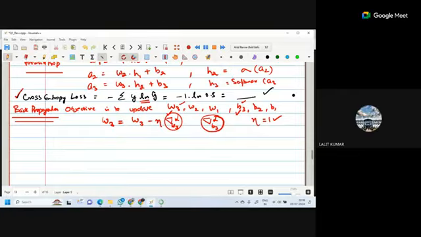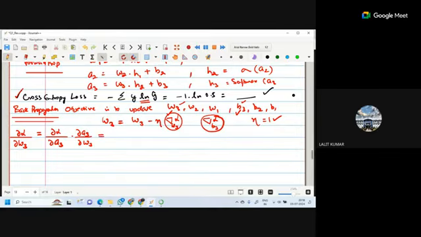How to calculate? dL by dW3, I can write as dL by dA3 into dA3 by dW3. Is this chain rule clear?